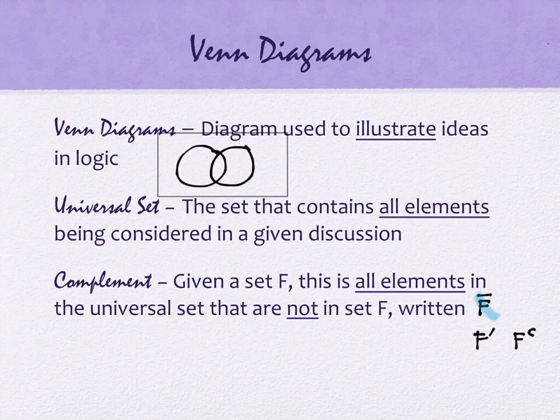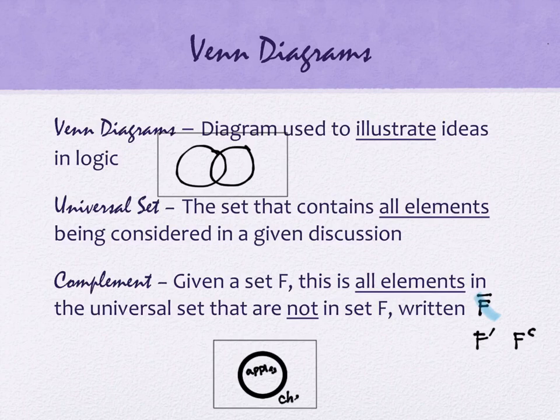Okay, so imagine you had this rectangle and you just had one child that's describing whatever is inside of it. And so the category is foods, and the universal set is foods. And the circle in there is foods I like, and the outside of the circle is foods I don't. Right? So I might put apples in here, and I might put cherries out here or something like that.